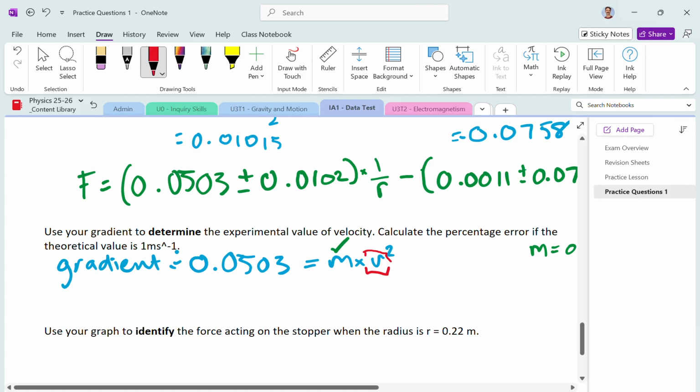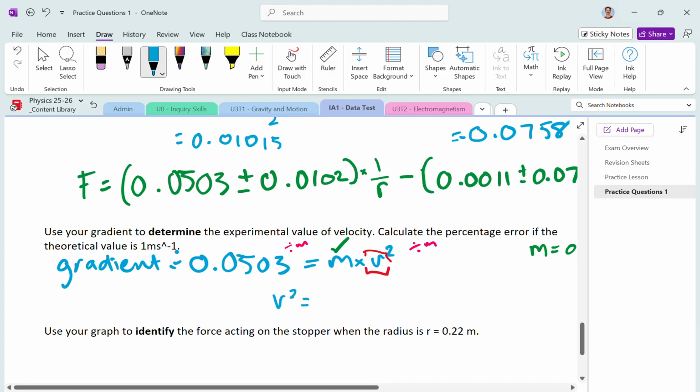So I can rearrange. I'll do my working here in color pink. I'm going to divide both sides of my equation by m to get rid of the mass and isolate the velocity squared.